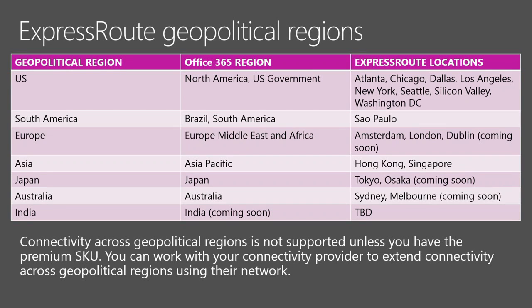And that means ExpressRoute locations in Amsterdam and London, with Dublin being on the radar for those guys. All right, and you can avoid that restriction of the backhaul traffic fee if you pay that premium SKU cost, and then we will be able to connect anywhere you like.